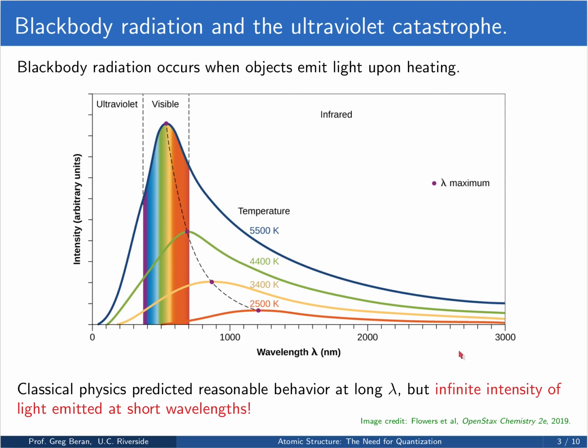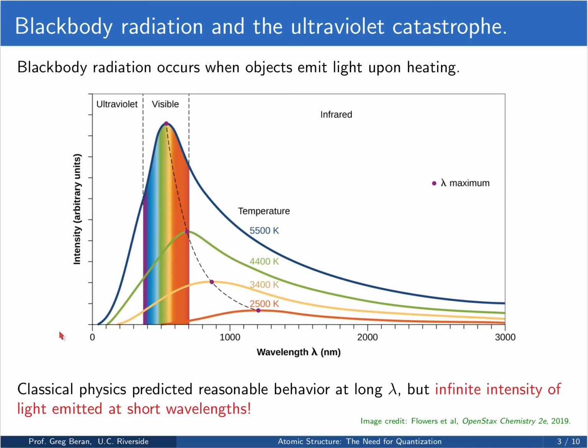Now, if you try to describe blackbody radiation in terms of classical physics, you can derive a model that works well in this region at large wavelengths. However, it performs very poorly at short wavelengths. Instead of showing this maximum that's observed experimentally, you instead see predicted emission lines that go up towards infinity as we get to shorter wavelengths.